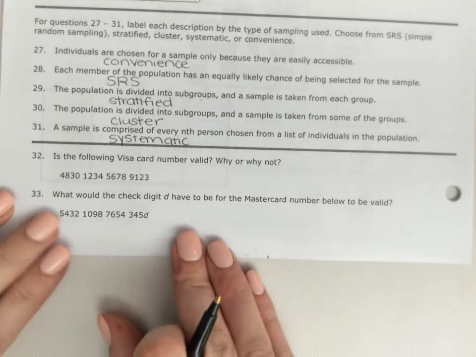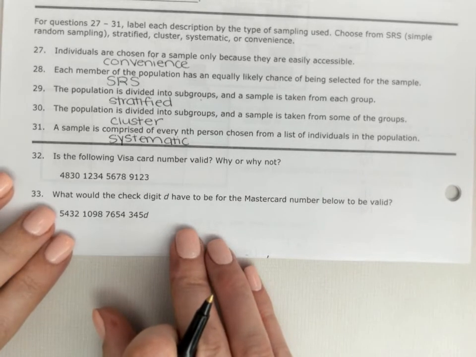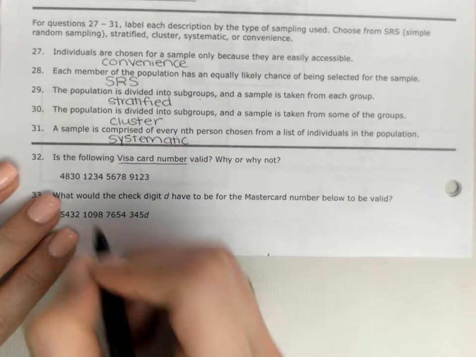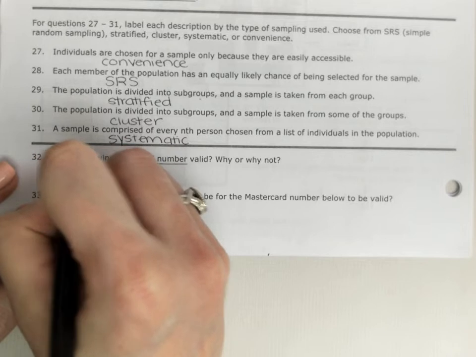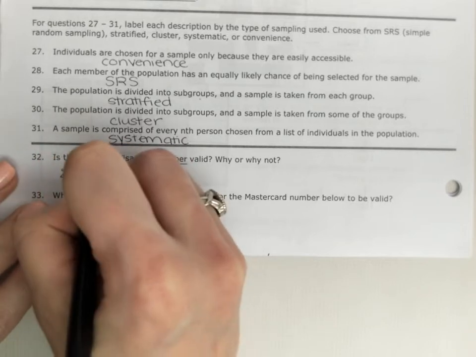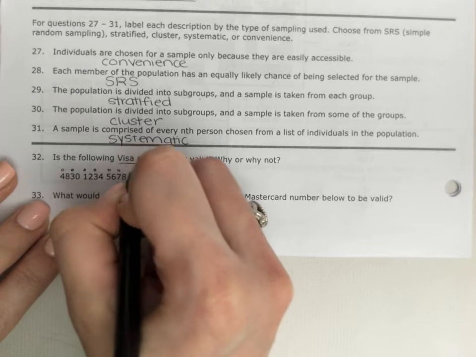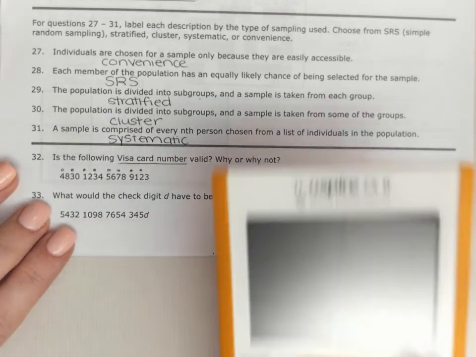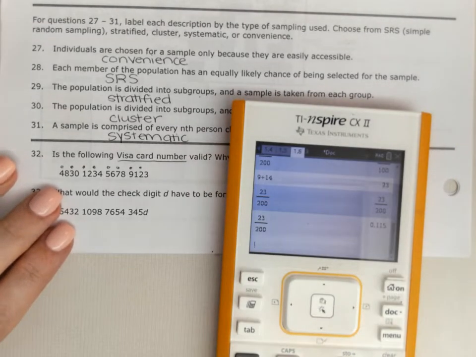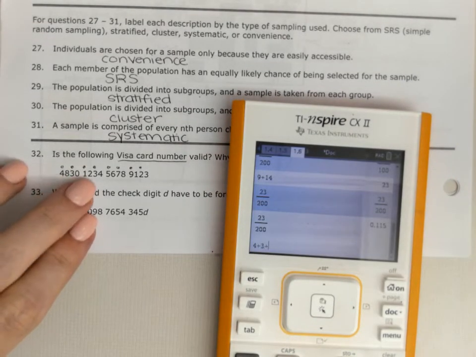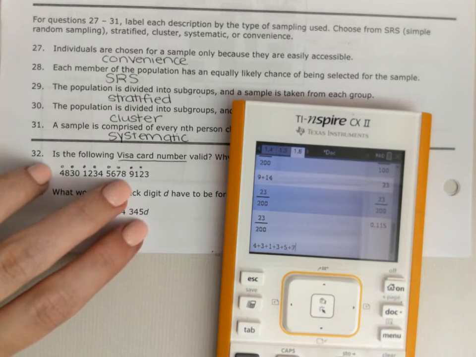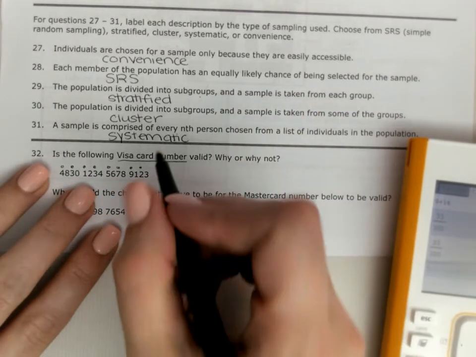Is the following Visa card number valid? Why or why not? So to calculate whether a Visa card is valid, you take the odd digits. So I'm doing every other one, and you add them together. So 4 plus 3 plus 1 plus 3 plus 5 plus 7 plus 9 plus 2, and you get 34.